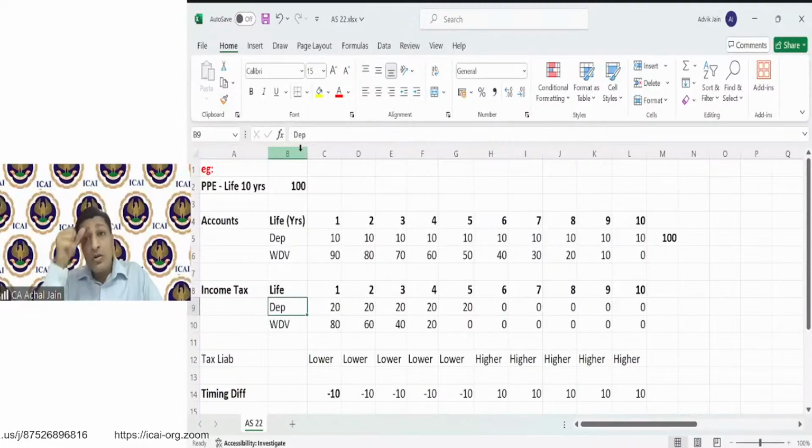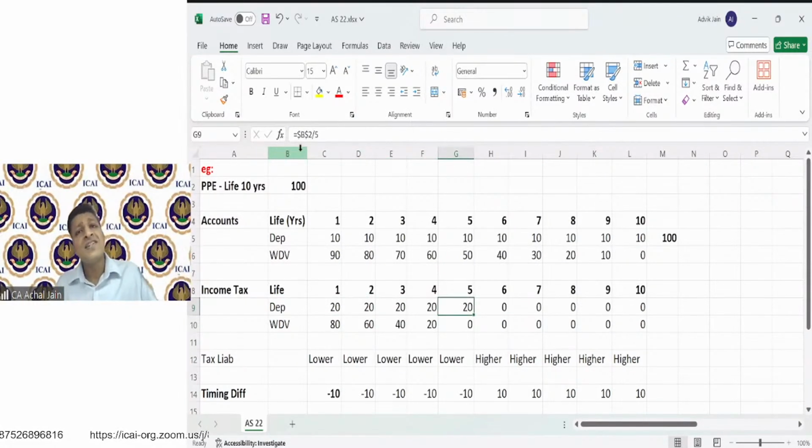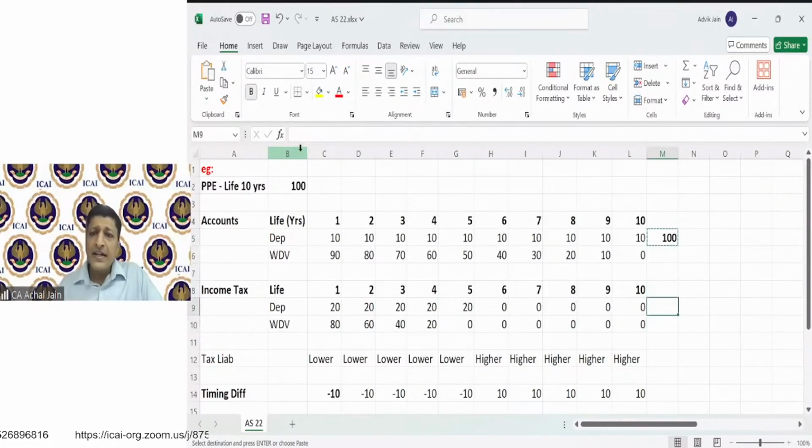Now, if the amount of depreciation as per income tax happens to be rupees 20 year on year, starting from year 1, then over a period of 5 years, what do you find? This asset will get fully depreciated. So let us take this total of depreciation under income tax also.